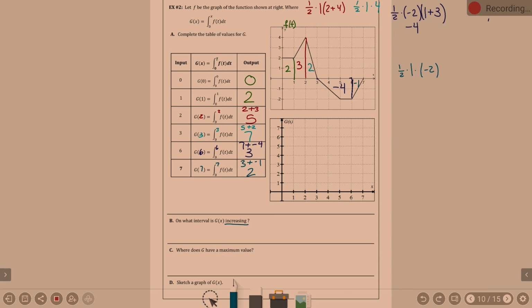I have open in mind. G of X increases on the interval, and I have it written as 0 less than X less than 3. Can you also write it with parentheses? You can. I don't care which way you write it. Okay. So it is increasing 0 to 3.